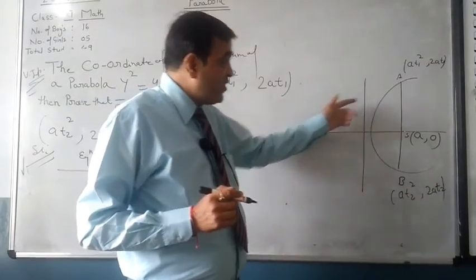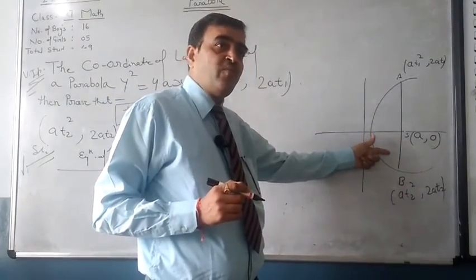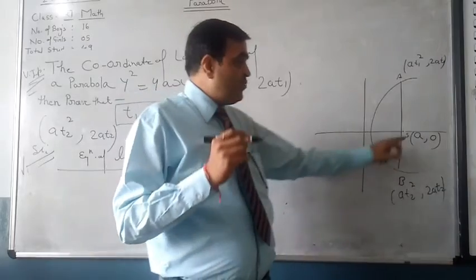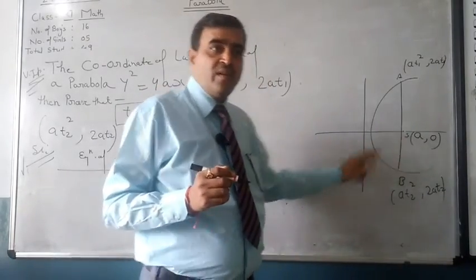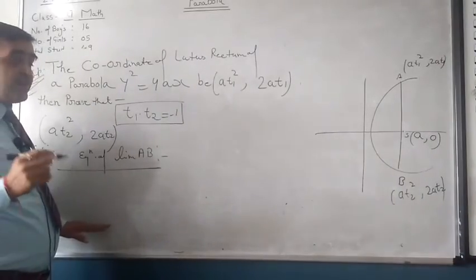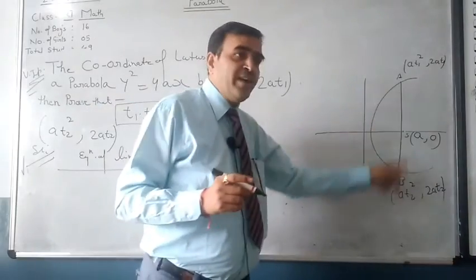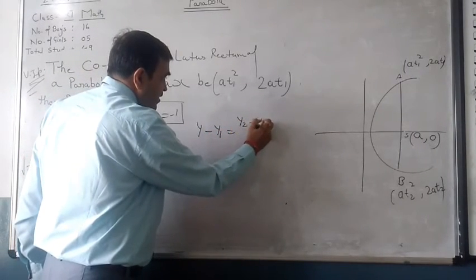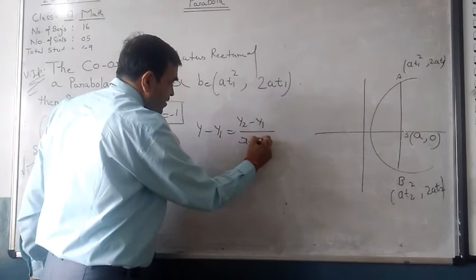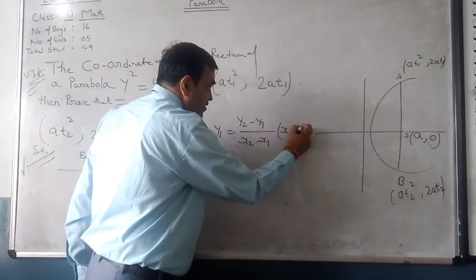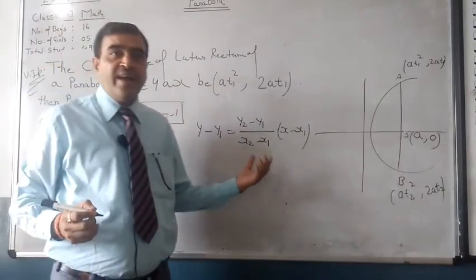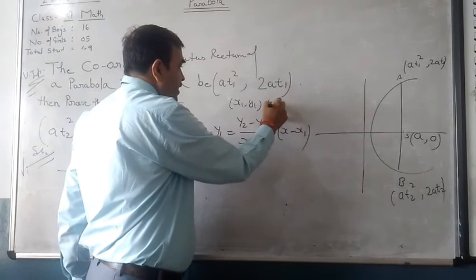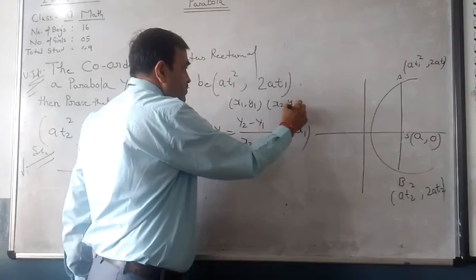So in the figure, this line is the latus rectum of the parabola, because we know that a line passing through the focus is known as the latus rectum, and we also know the equation of a line passing through 2 points: y minus y1 equals y2 minus y1 upon x2 minus x1 times x minus x1. This is the general equation of a line passing through the 2 points x1 y1 and x2 y2.